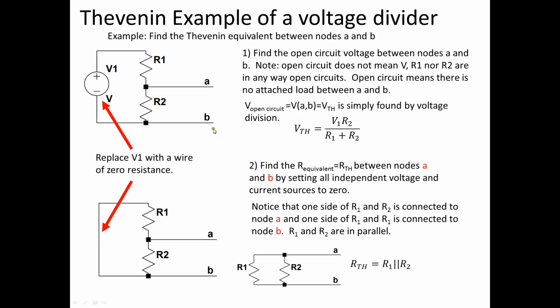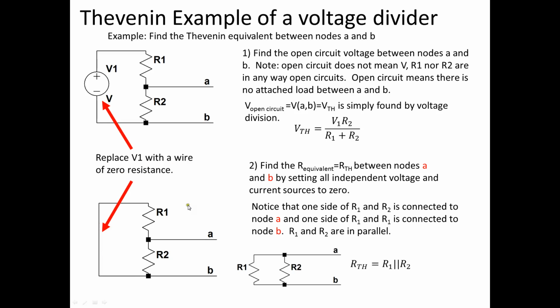That's easy enough. Then we find the equivalent R Thevenin between A and B by setting all the independent voltage and current sources to 0. In order to set this voltage to 0, we replace V1 with a wire of 0 resistance.